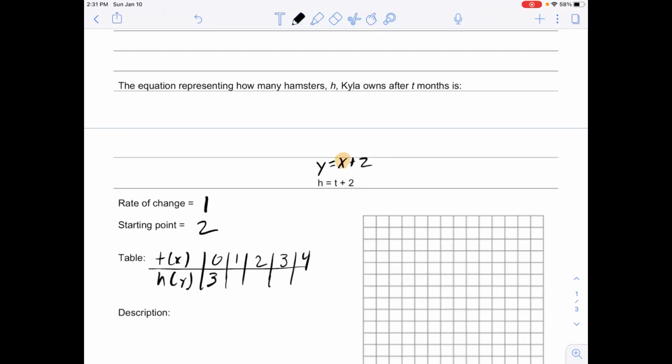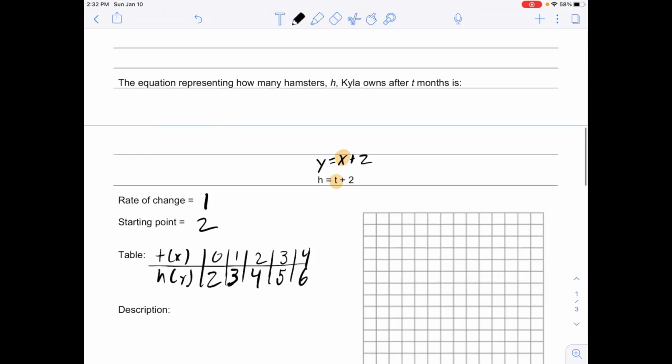So each time now I'm just going to put in my number for x or for t in my equation. So 0 plus 2 is 2. 1 plus 2 is 3. 2 plus 2 is 4. 3 plus 2 is 5. And 4 plus 2 is 6.